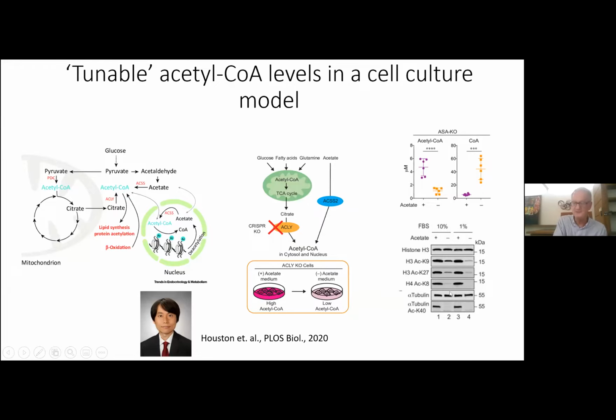And what he observed is that there was in fact a rapid deacetylation of both histone and non-histone proteins under those conditions within minutes to hours of removal of acetate. And that became a biochemical way, in this case, to specifically regulate one specific metabolite in a cell.